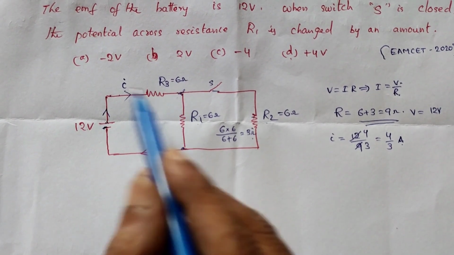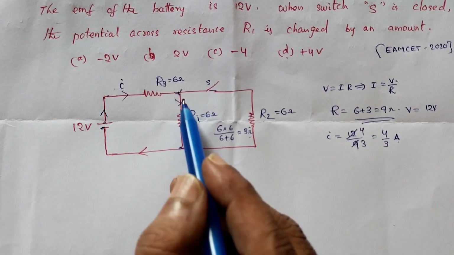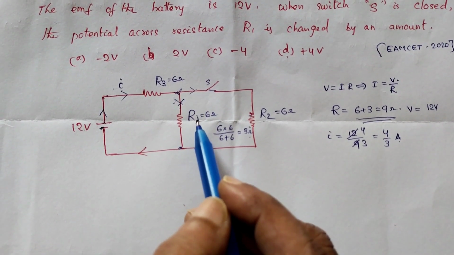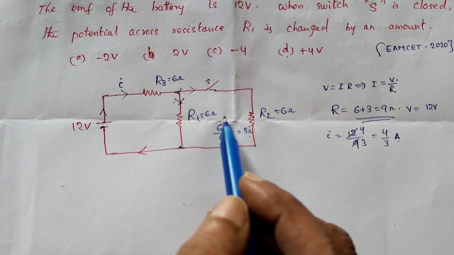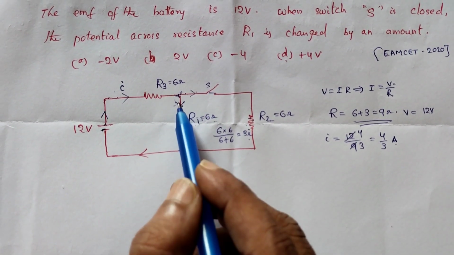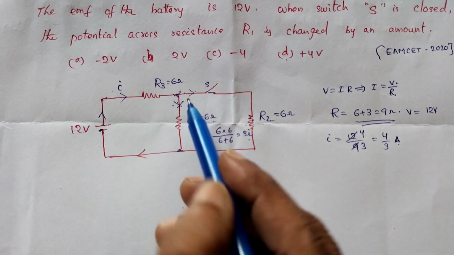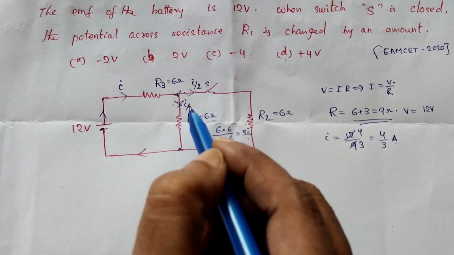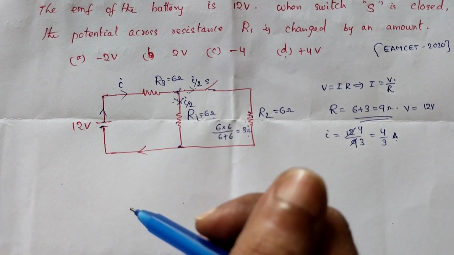Here the current I is divided in this way and in this way. Since these two resistances are the same, the current will divide in equal parts. That means I by 2 in this direction and also I by 2 in this direction.